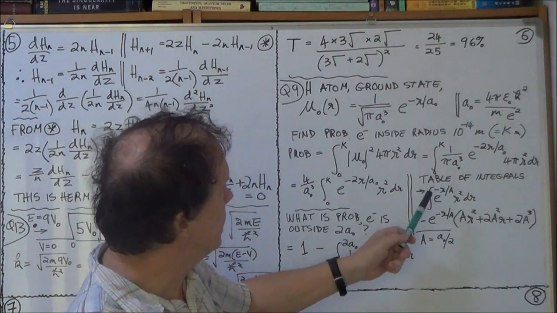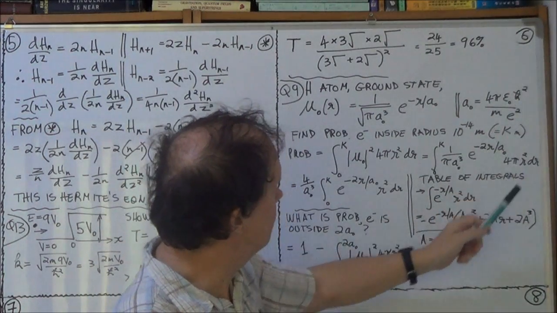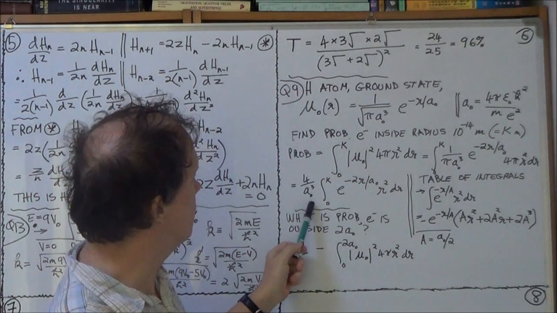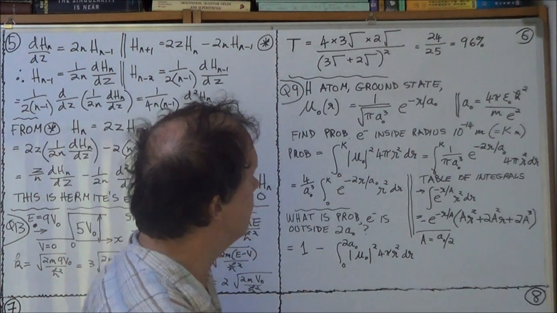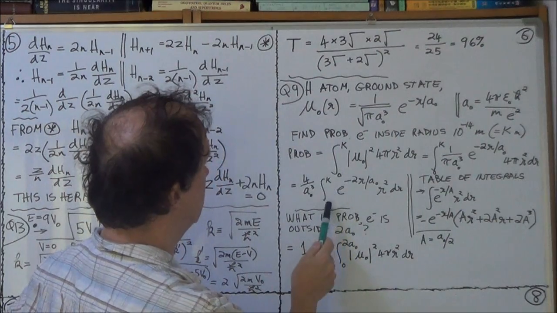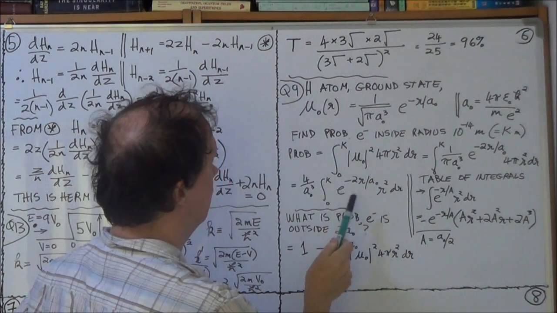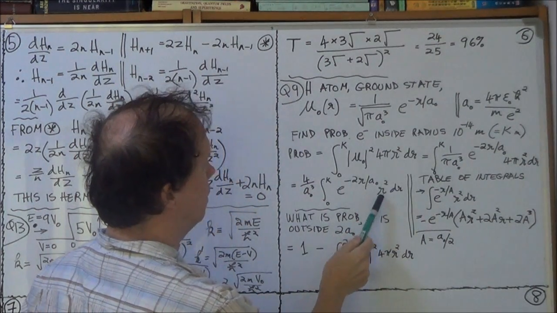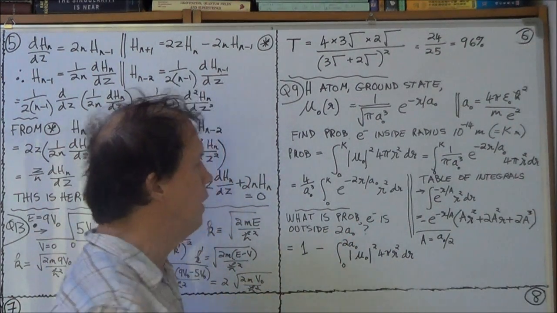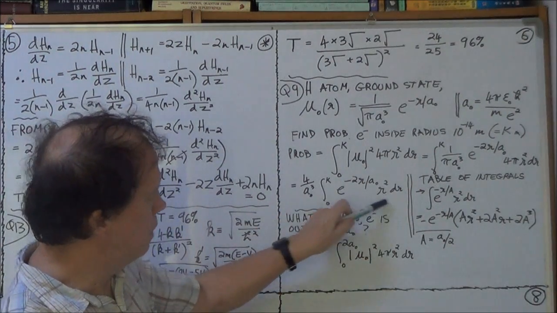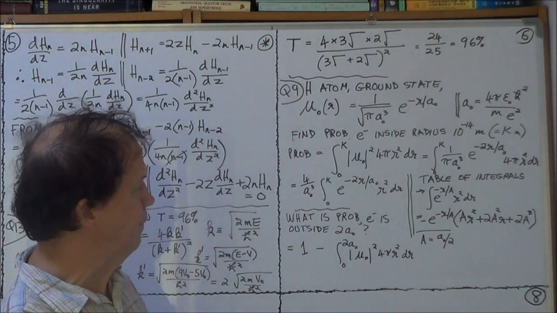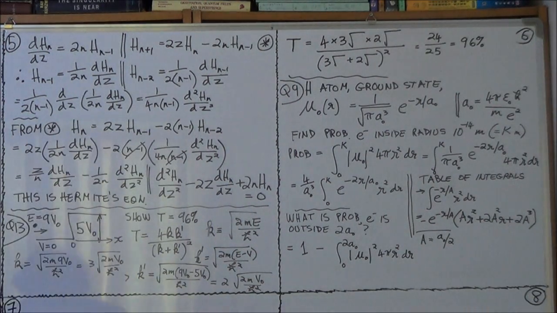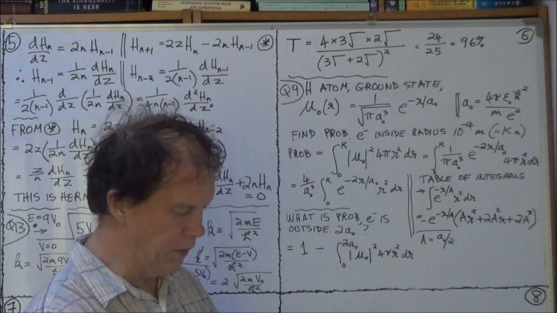Alright, so the pi's here cancel. You can take the 4 over a0 cubed outside, they're just constants. And so this integral simplifies a bit to just integral 0 to k of e to the minus 2r over a0 r squared dr. Now integrating that is non-trivial, but in the textbook there is a table of useful integrals.